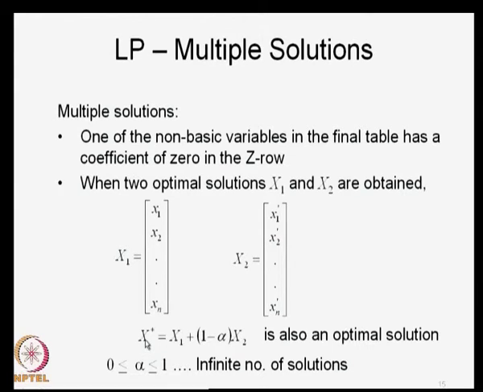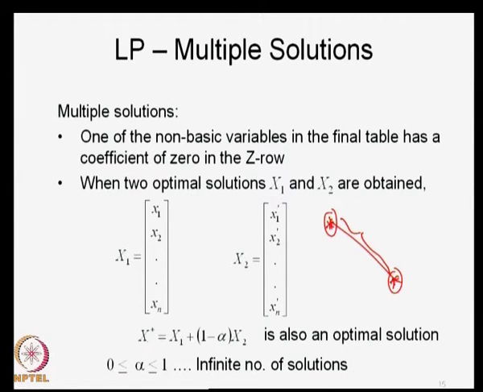You can generate another set of solutions as alpha x1 plus (1 minus alpha) x2. So, x1 is this solution, x2 is this solution. You take 1 minus alpha times x2, with alpha varying between 0 and 1. Essentially, you got this solution and this solution, and you are generating all these solutions along the line.